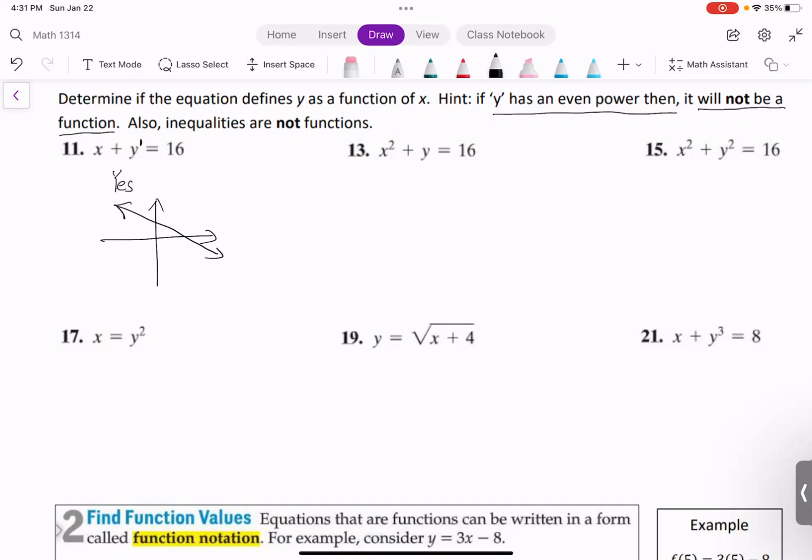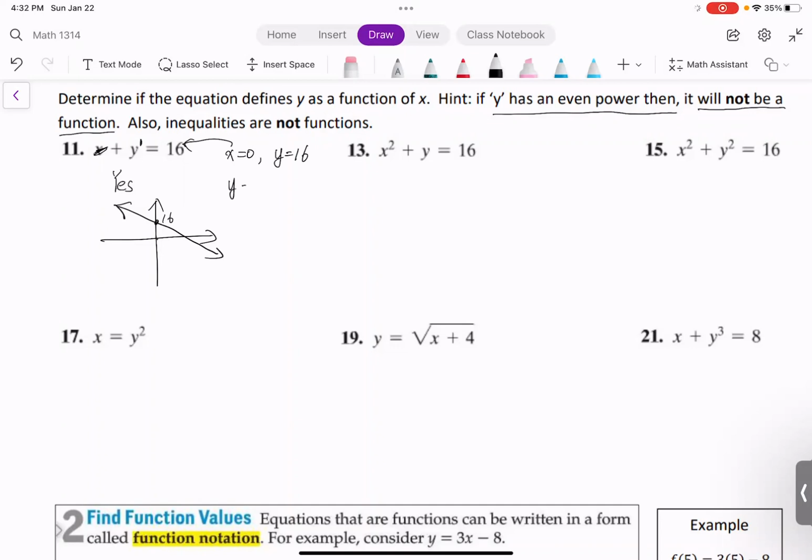Someone will ask me how you draw the graph. You can pick some points. For example, if x equals 0, plug it into the equation and find y's value: x equals 0, y equals 16. Maybe here is 16. Two points can decide a straight line.